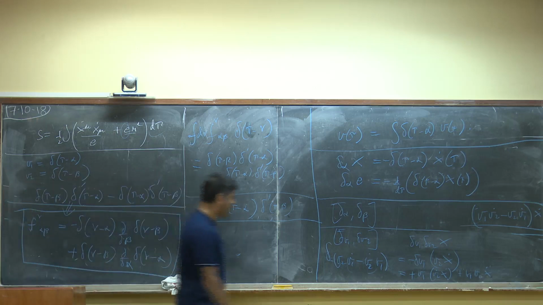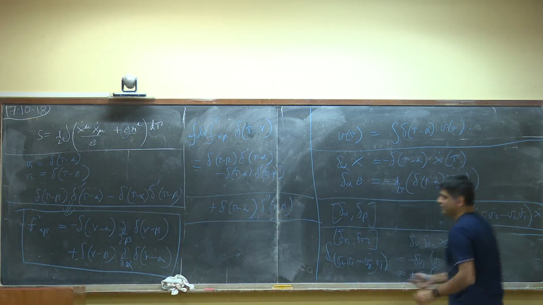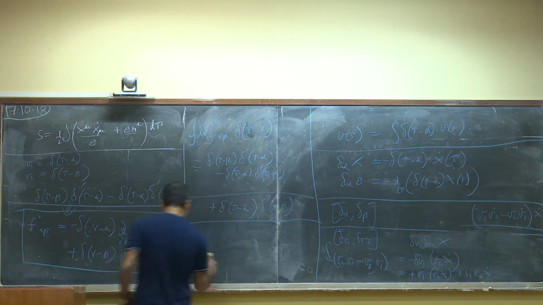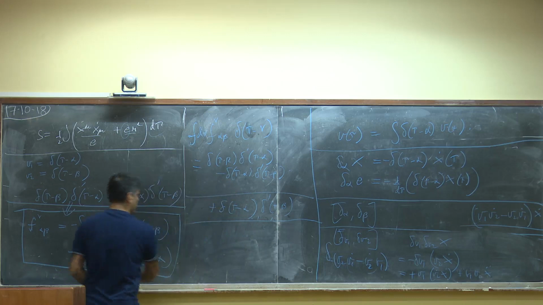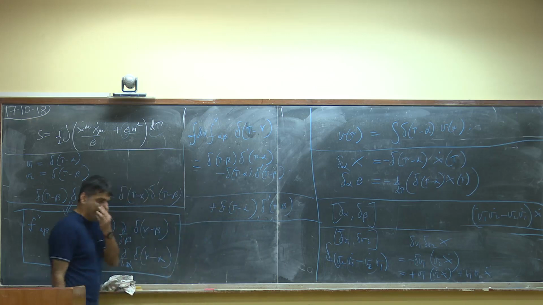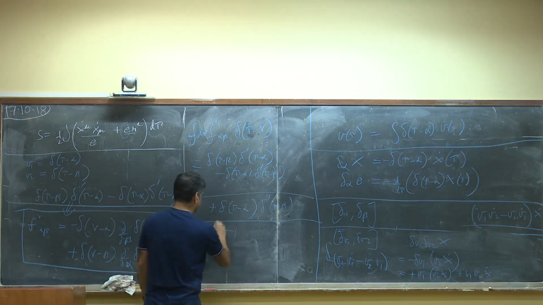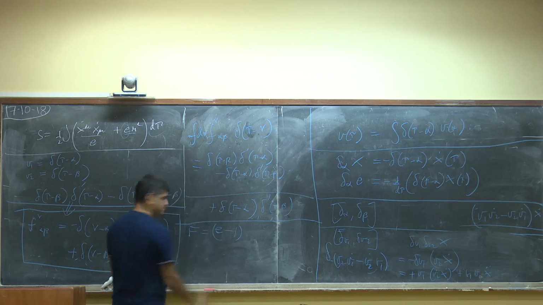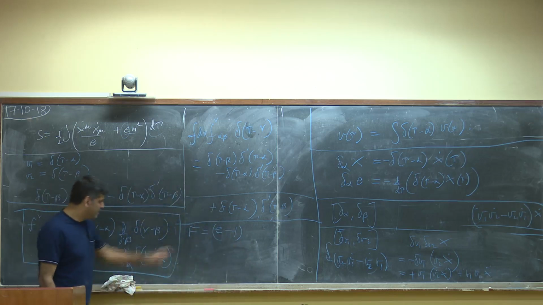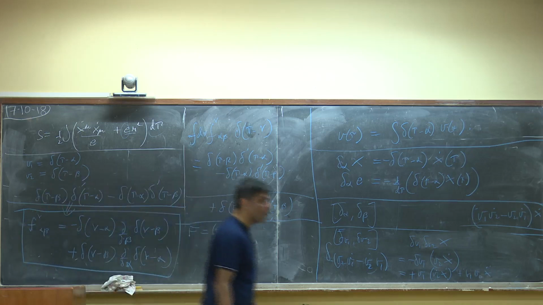Okay. Now, let's very quickly finish this. What is our action supposed to be? What was our gauge? We will choose to fix e equal to 1, so our f function will be e minus 1.